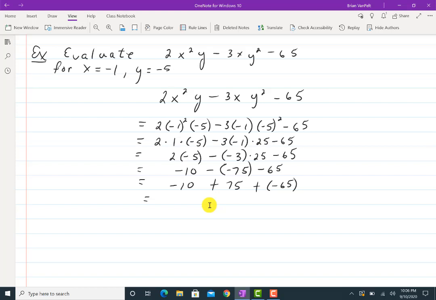Negative 10 plus 75. Well, the dominant number is 75, so that part's going to be positive. So when I do just this part right here, just do 75 minus 10 and you'll get 65. But whenever you see this, rejoice a little bit, I suppose, because 65 plus negative 65 is 0.